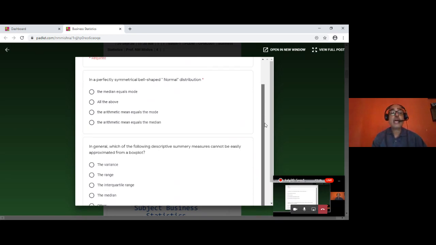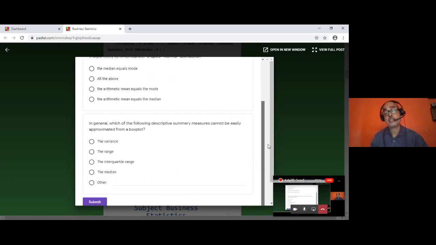I have given only 2 questions, and 2 questions are sufficient to test your detailed concept of chapter 3, unit 3. If you correctly answer these 2 questions, you can be sure that you have an in-depth understanding of unit 3.